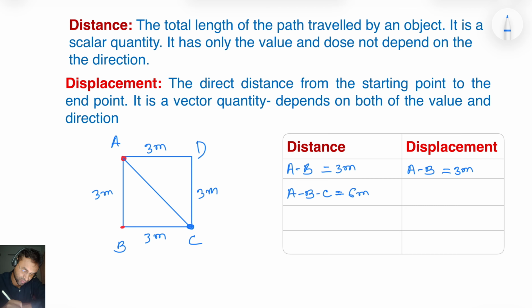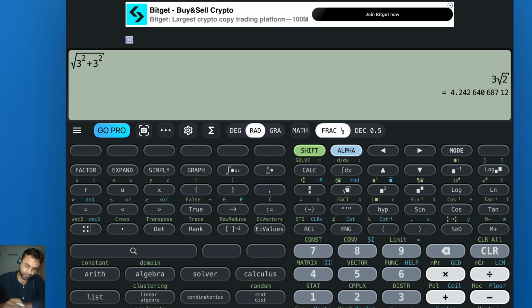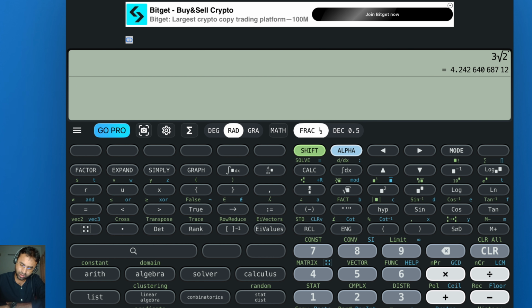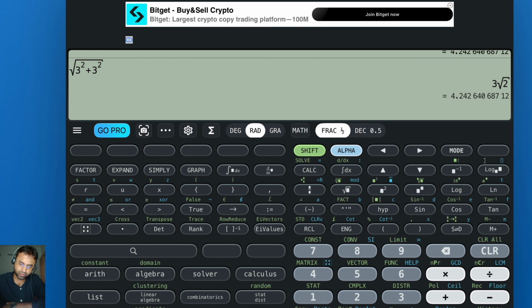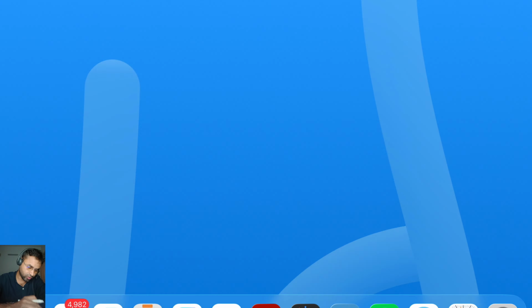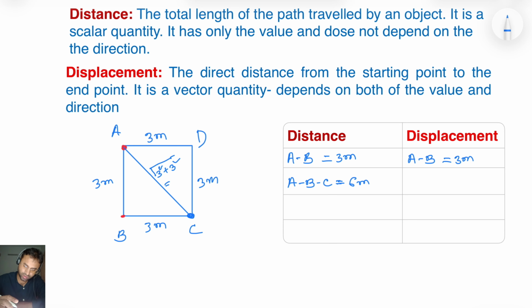Then this distance will be root over 3 squared plus 3 squared, equal to 4.242 meters. So for the pathway of A to B and B to C, the displacement will be 4.242 meters.